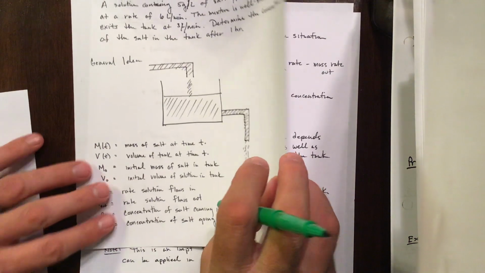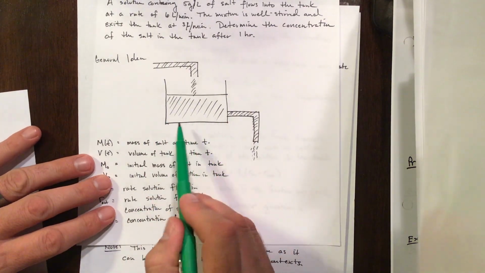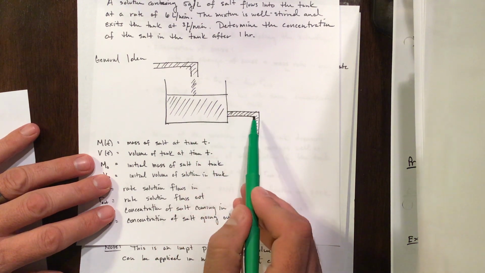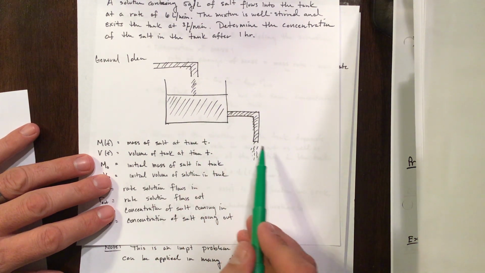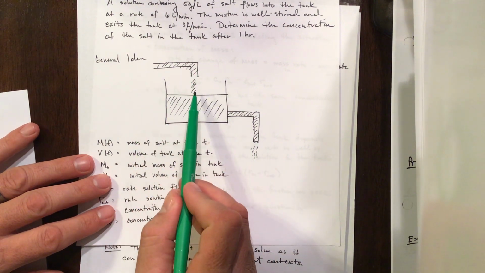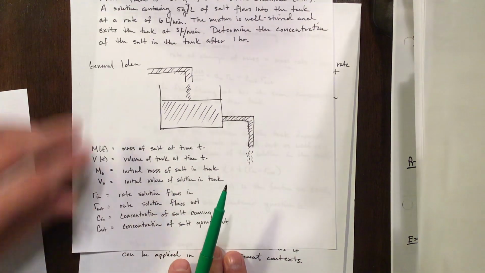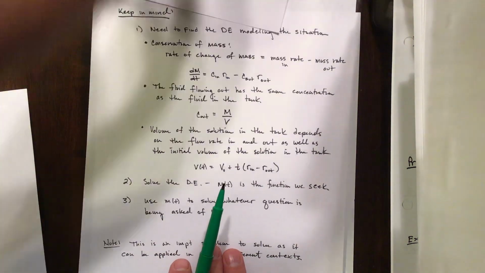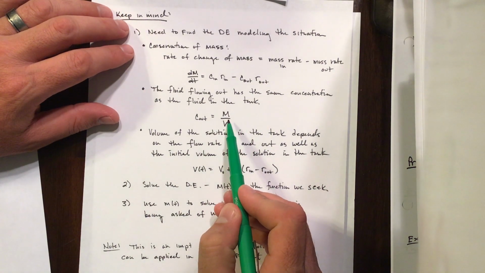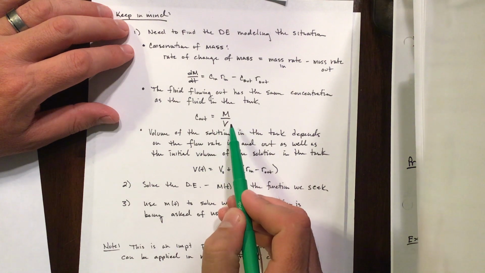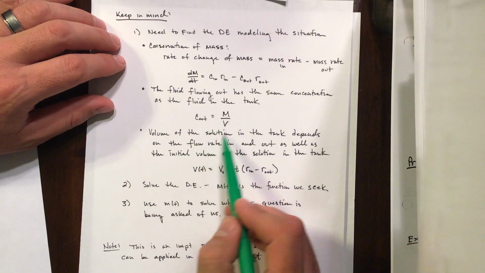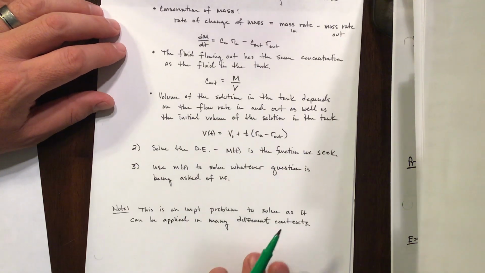This salt is coming in here and is instantaneously mixed, so whatever the concentration of salt is in the tank, that's the same concentration as the solution coming out of the tank, which can be different than the concentration that's going in. So the concentration going out is the mass, the amount of salt in the tank, divided by the volume, the amount of fluid in the tank. So C out is always going to be M over V.